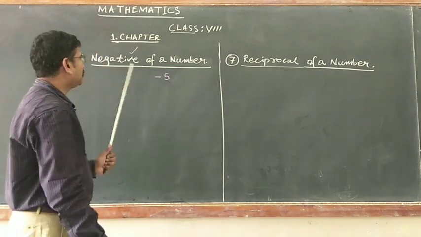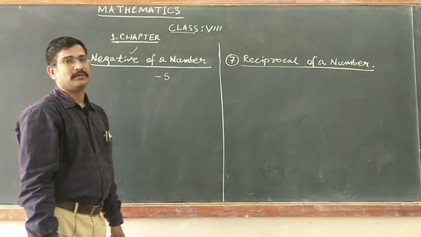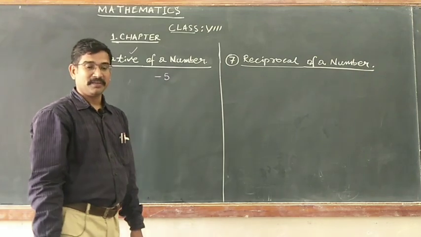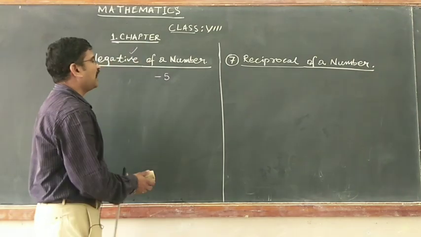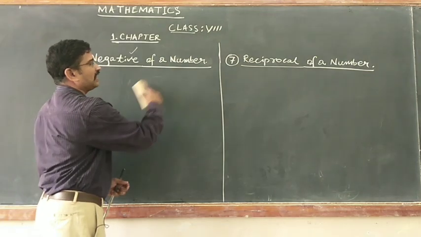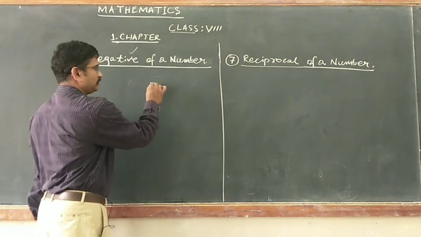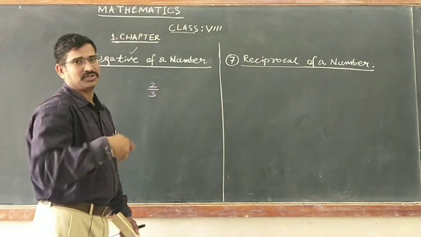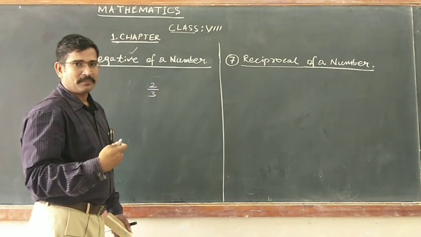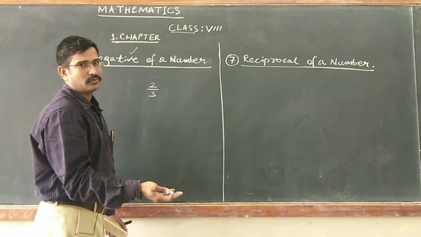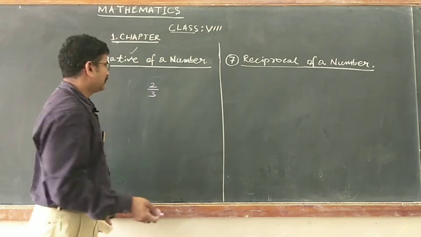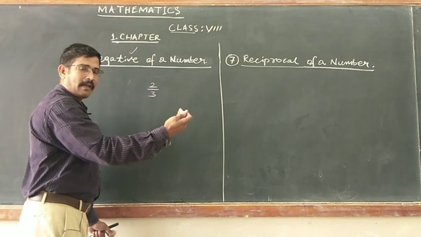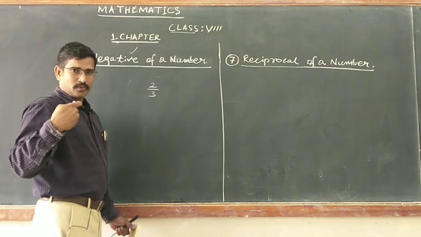Children, the same thing here, negative of a rational number. Negative of a rational number means, suppose I have any rational number, what would be its image? If I want to find the image of it, I have to take a negative sign, or I have to see the backside of 0.